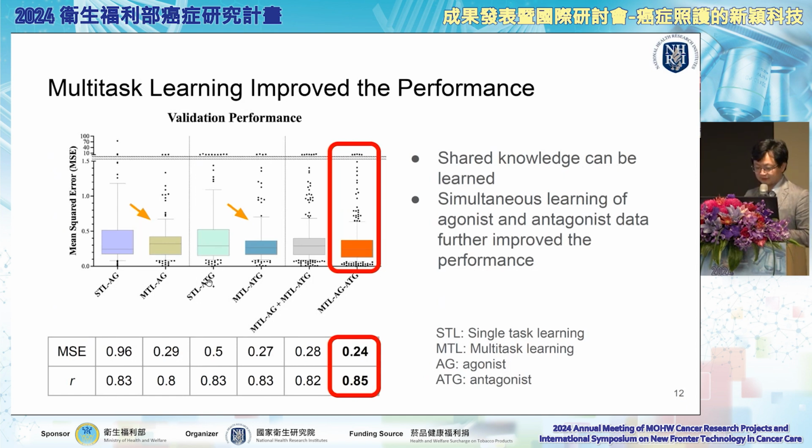And if we further combine the agonist and antagonist, we also get the best one, with the lowest mean squared error and also the highest correlation coefficient. So from these results, we may know that the shared knowledge can be learned, and also that the simultaneous learning of both agonist and antagonist data can further improve performance.